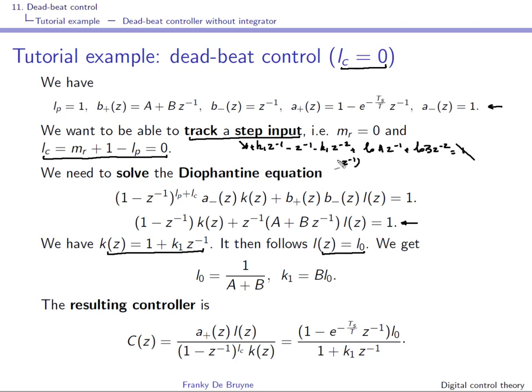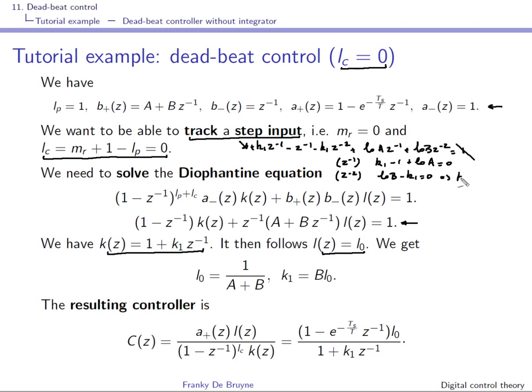So in Z minus 1, what we'll have is K1 minus 1 plus L0A is equal to 0. And if we look at the terms in Z minus 2, we'll have L0B minus K1 is equal to 0, right?